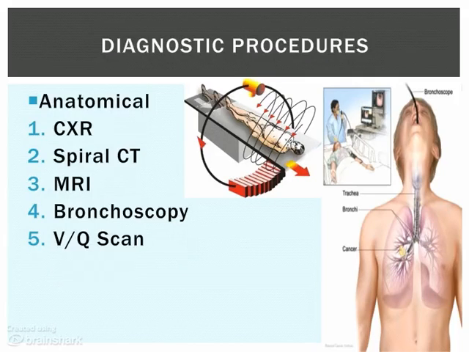A diagnostic bronchoscopy is a procedure performed with an endoscope in order to inspect the airways of the lungs. The most common reason that bronchoscopy is performed is to establish the diagnosis of a mass or a tumor.